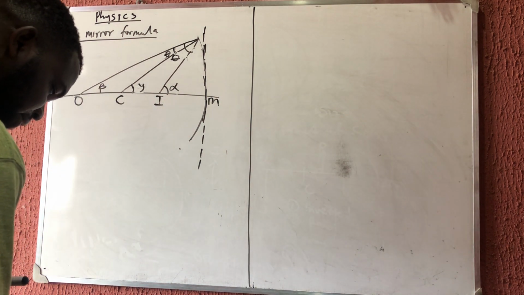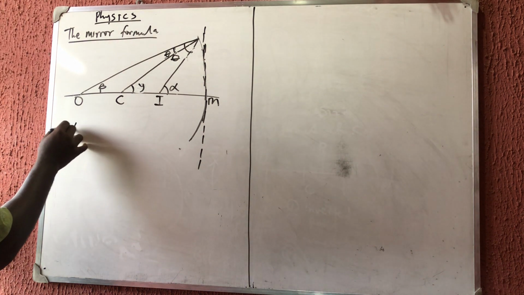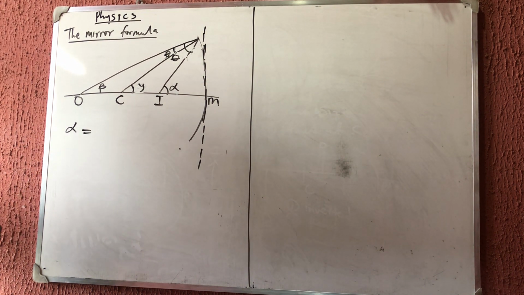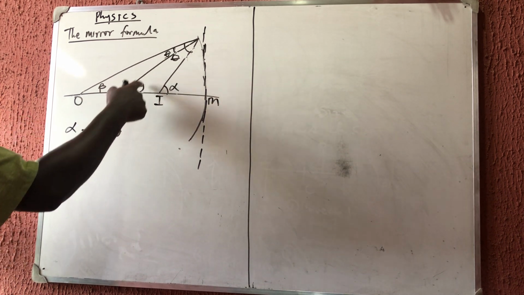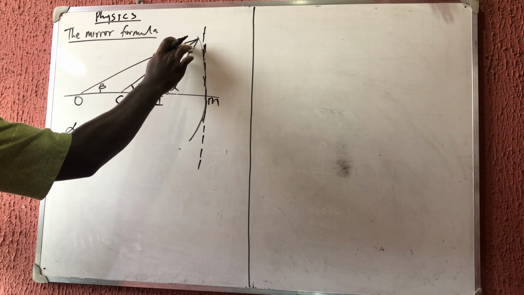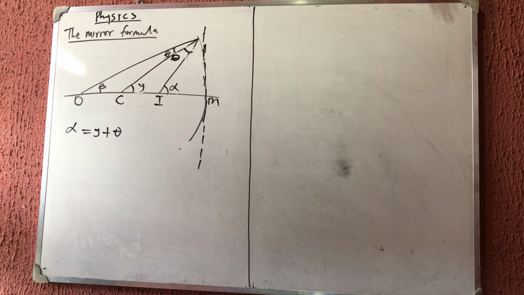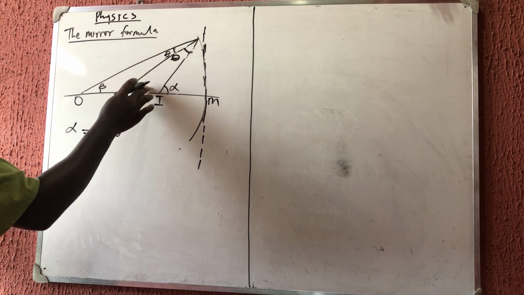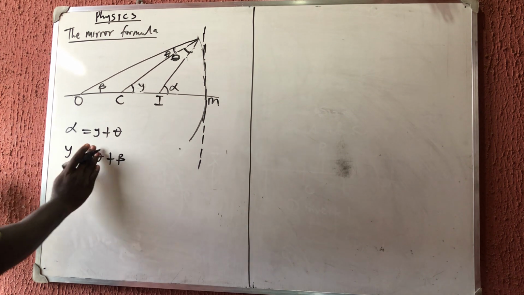I'm trying to get something straight here. You know that your alpha is equal to your y plus theta. This plus this is equal to this. And you should now know that your y is equal to theta plus beta, or beta plus theta.